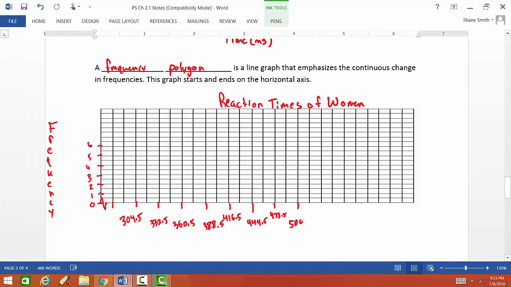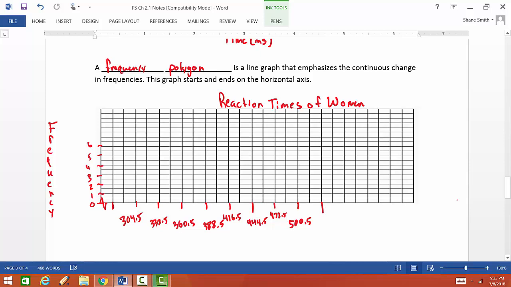And if you can't read my handwriting below here, these are just the midpoint numbers from the frequency polygon. And you're going to create a tack mark after that. And I'll explain what you use this first and last tack mark for in a little bit.